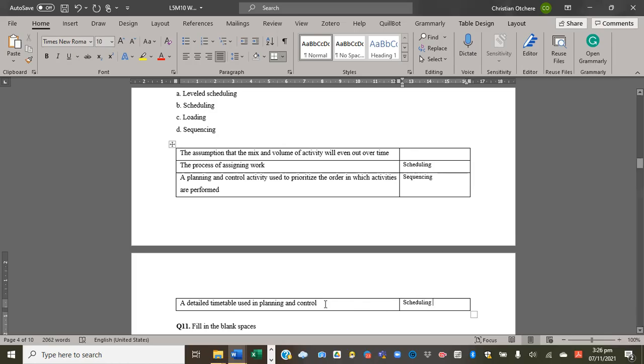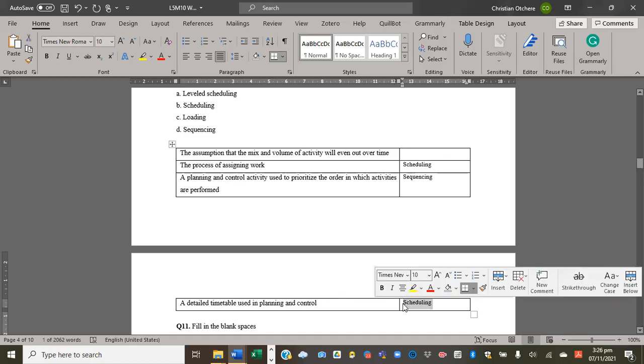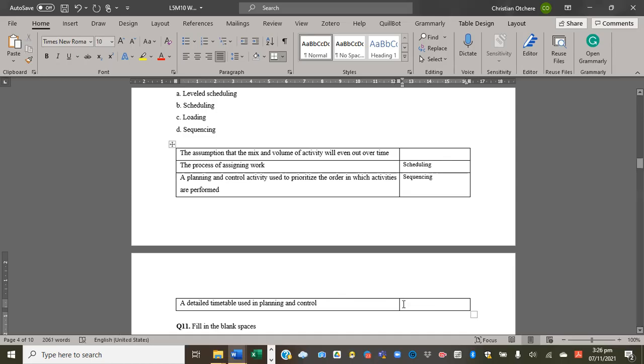And I know very well that after choosing scheduling for this, when you get here, you definitely review. This is a process you go through when you are answering questions. So it's normal. So here, scheduling, then this one will be loading.